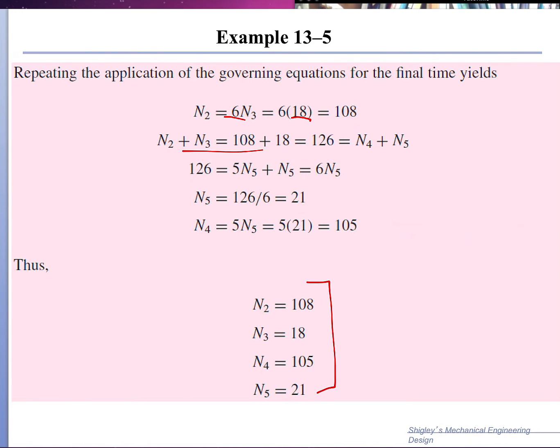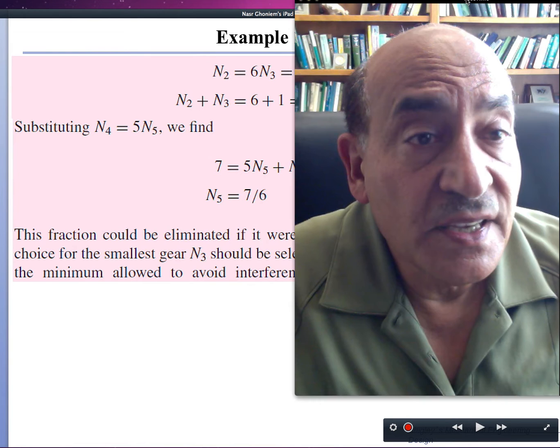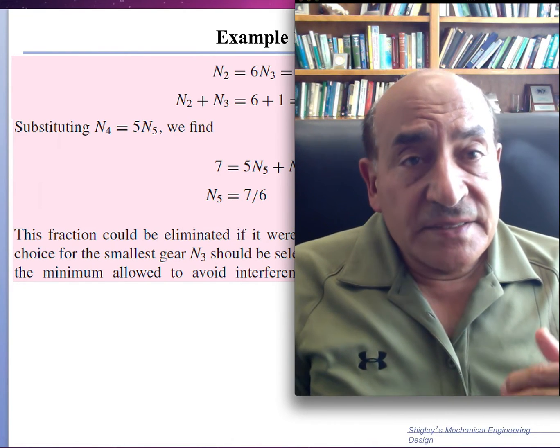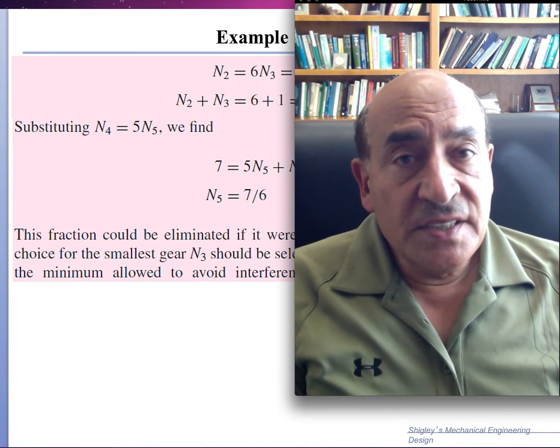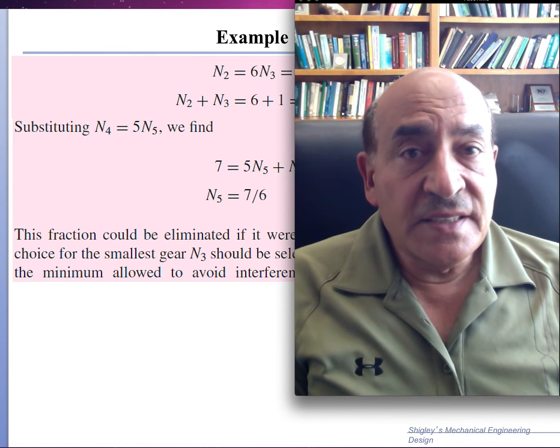One thing that I forgot to mention is that N5 itself, we know that it must be 7 or a multiple of 7. But we have another constraint: if we just use 7 teeth, it will not satisfy the constraint of interference, and therefore we have to increase that by a multiple.